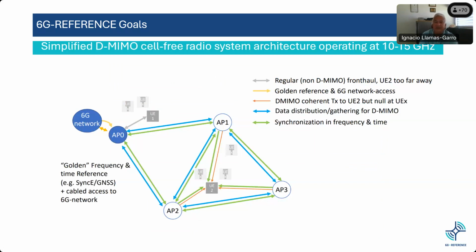Radio units or access points cooperate to realize over-the-air synchronization via full duplex synchronization in transmit and receive time signals in green and data distribution and gathering in blue arrows. 6G reference will focus on the centimeter frequency range since it is seen as an important frequency range where new frequency spectrum can be available for 6G use cases that require outdoor and indoor mobility.